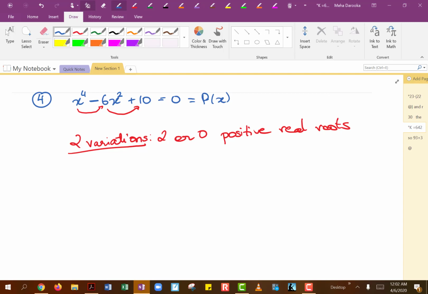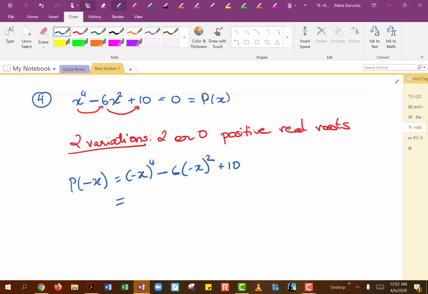And then let's see what happens when we replace our x with a negative x. So that would become negative x to the 4th power minus 6 times negative x to the 2nd power plus 10. So you can see how both these exponents are even numbers, right? 4 and 2.